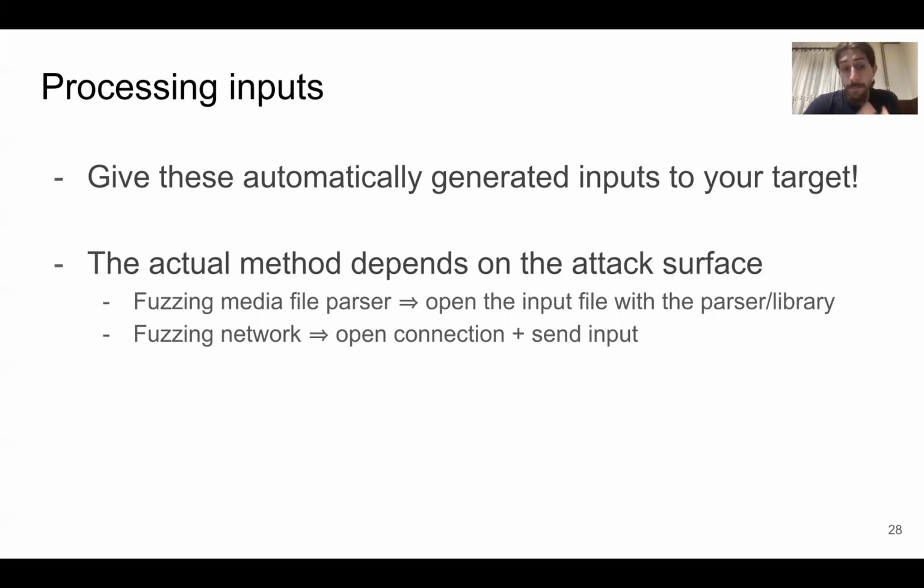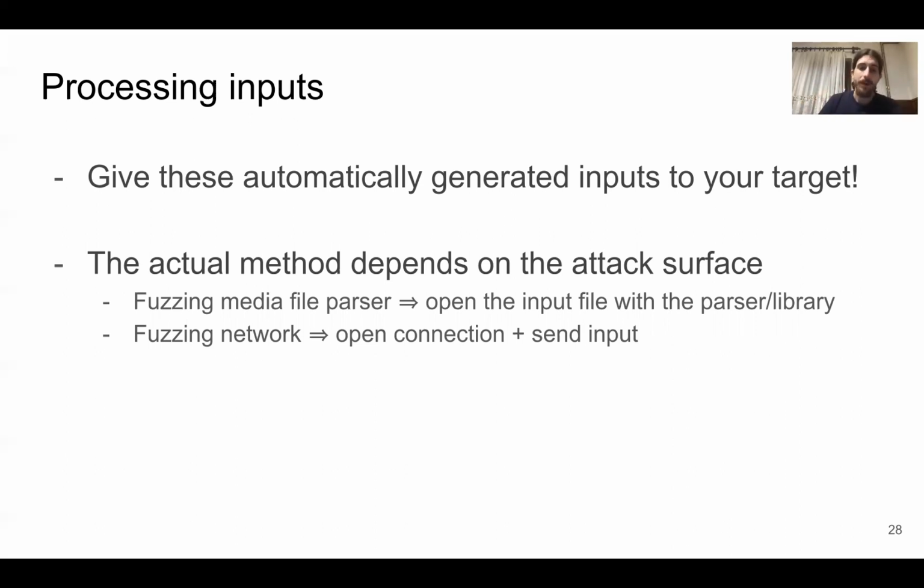But maybe what you could do is take this network component, isolate the code part that handles the network connection, and then do everything locally. Instead of opening a connection, you take your random data, your list of inputs, and you feed them to this component that processes the input you send, but without opening a connection.